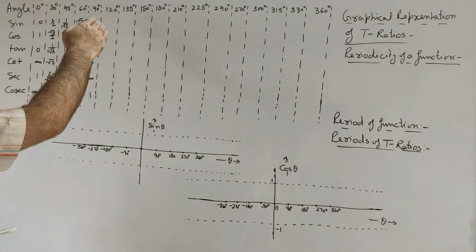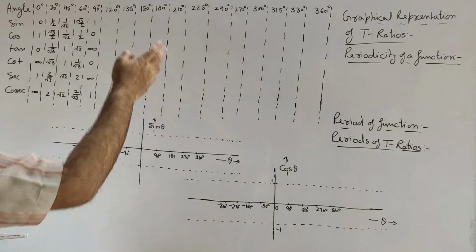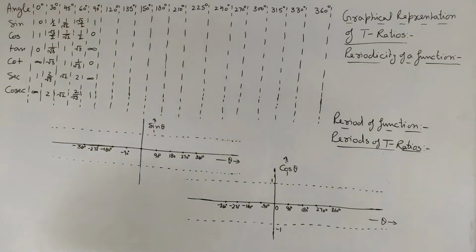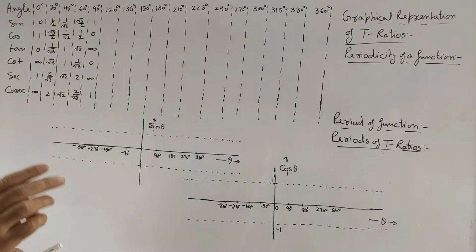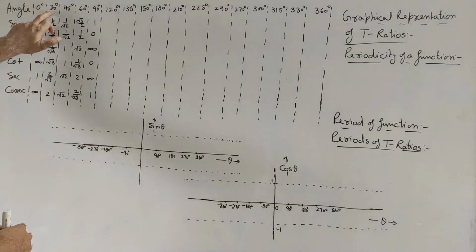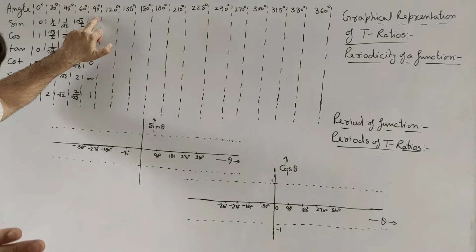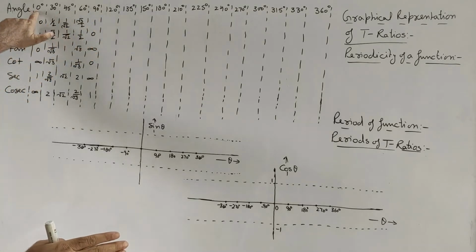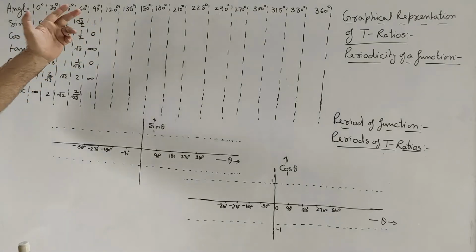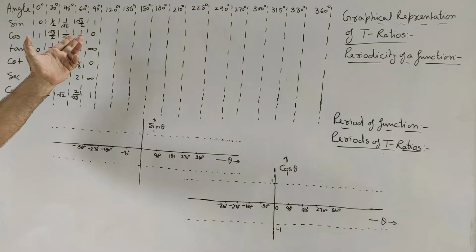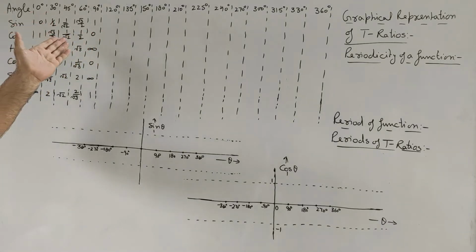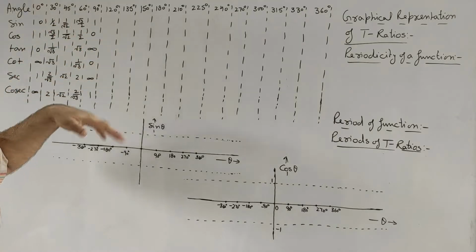Now come to the next values. Next values, first 120 degree, because we know the values for 0, 30, 45, 60, 90. So we will obtain the values of 90 plus these angles, 180 plus minus these angles, 270 plus minus these angles, and 360 plus minus these angles.